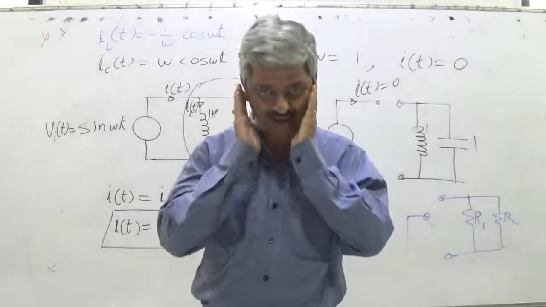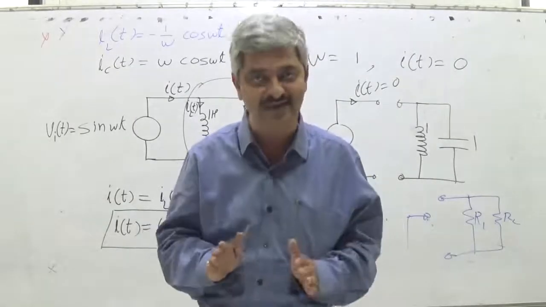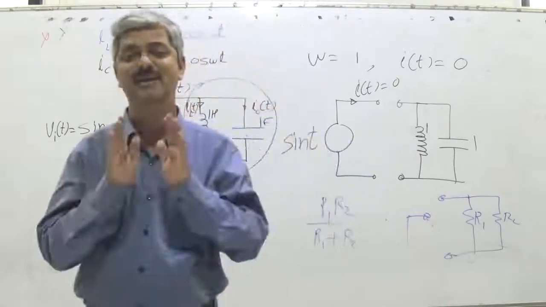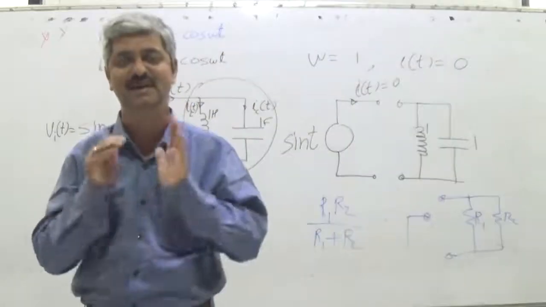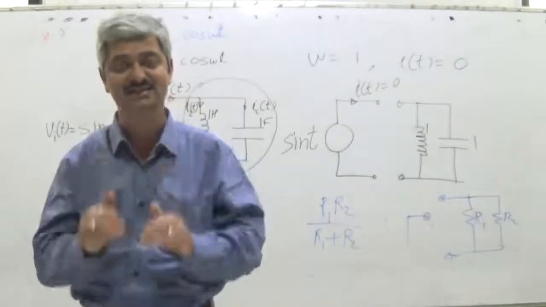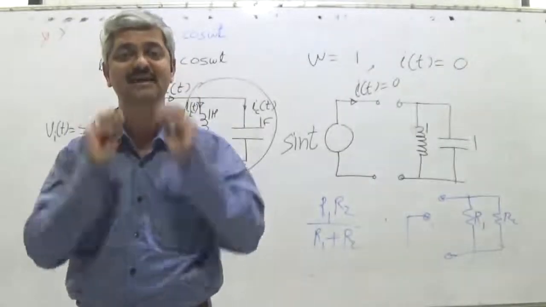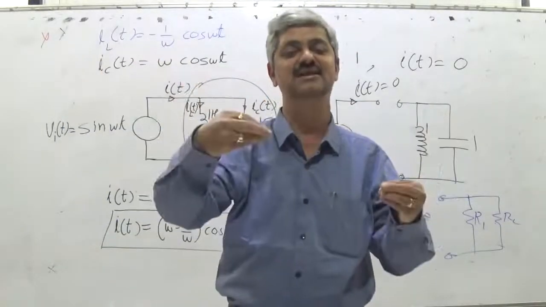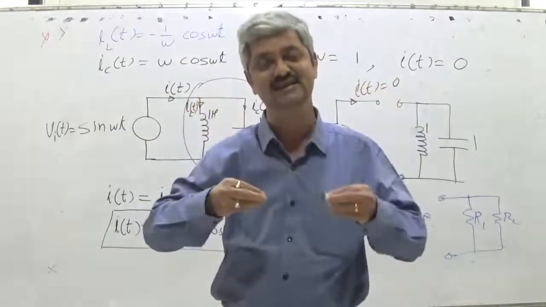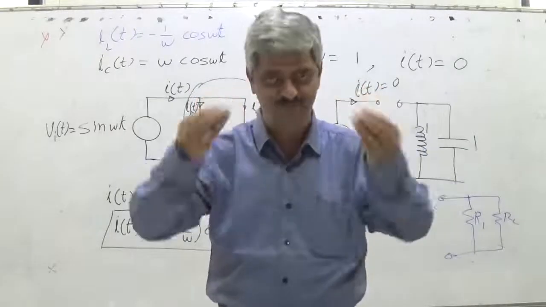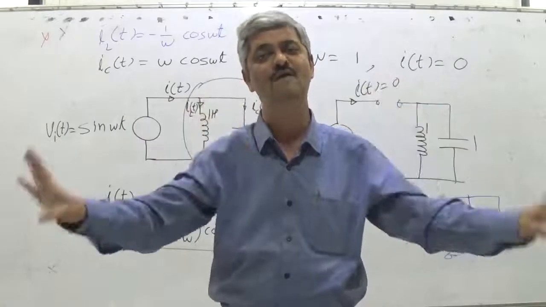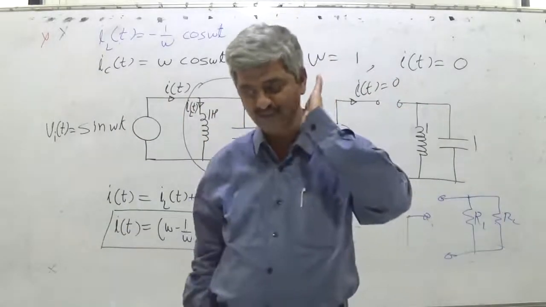But once we define that the reactance of an inductor is j omega L and the reactance of a capacitor is either 1 upon j omega C or minus j upon omega C, then with XC and XL we can use them like resistance. When we connect L and C in series, their net reactance is the addition of them. When we connect them in parallel, the same formula as for resistance applies.